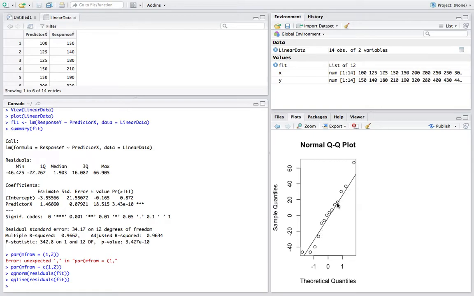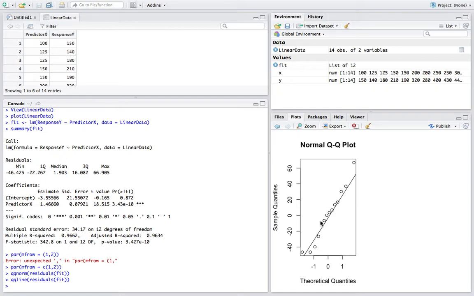And you can see that they kind of follow that trend, but not really. There's especially some deviation down here, which indicates that they may not be completely normal. So that's something to keep in mind.